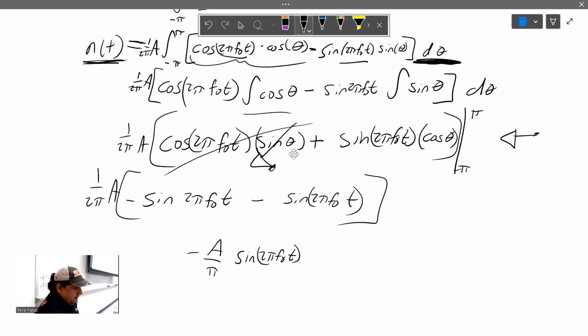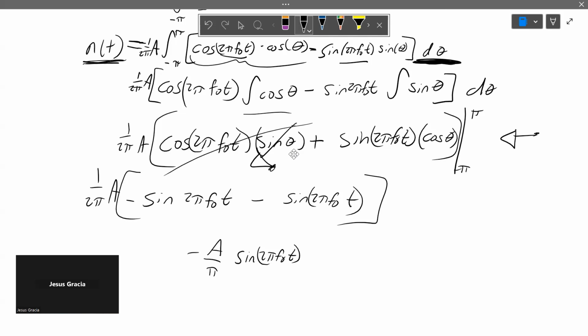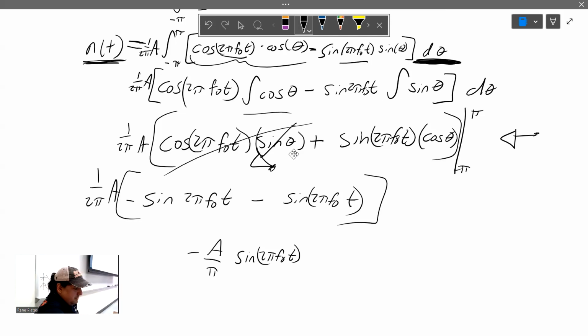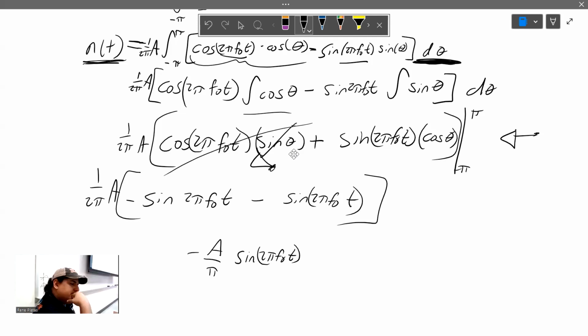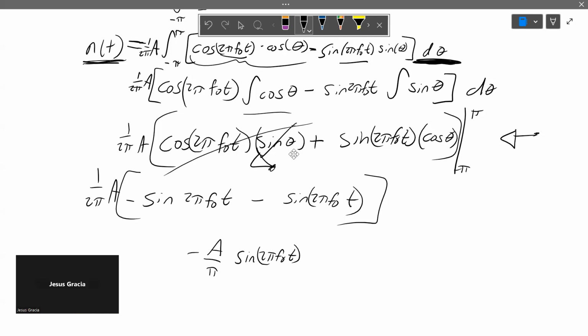Because technically it'd be cosine of negative pi, or cosine of... because it's cosine then it'd be cosine of negative pi minus... I don't know, I got some weird stuff here.